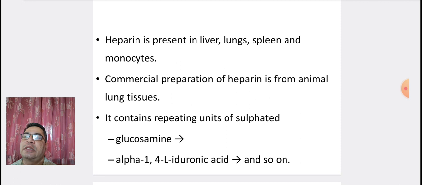Heparin is present in liver, lungs, spleen and monocytes. Commercial preparation of heparin is from animal lung tissues. It contains repeating units of sulfated glucosamine and alpha-1,4-L iduronic acid and so on.